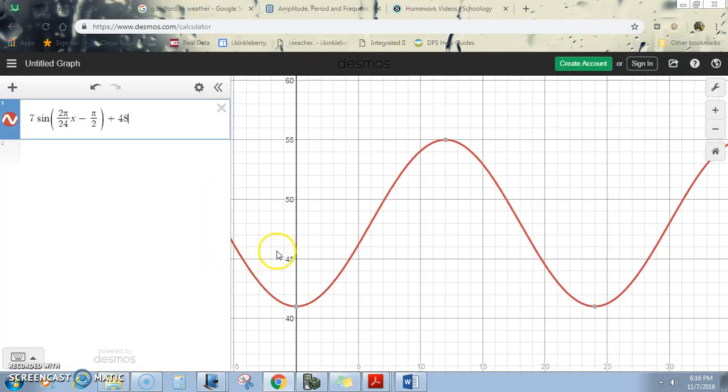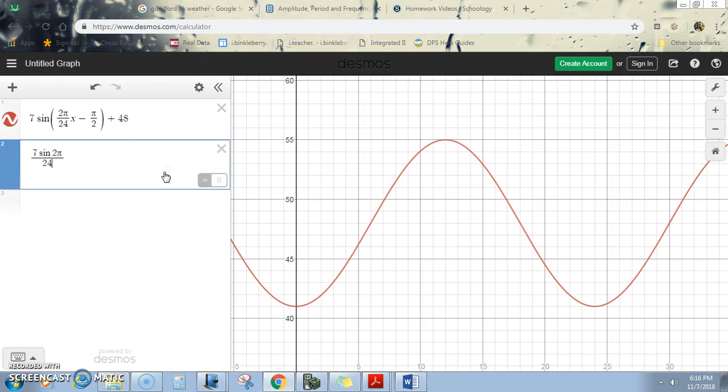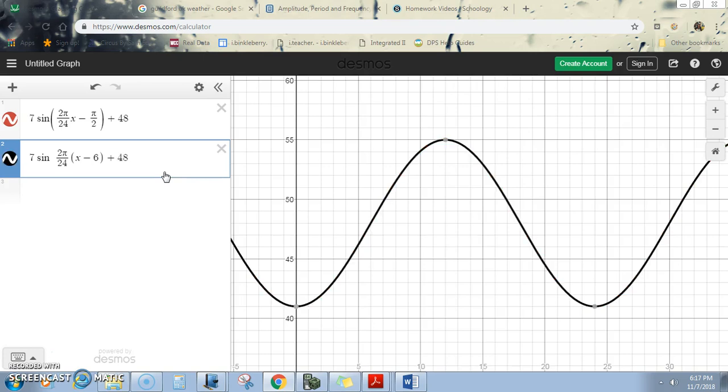Regardless of how you did it, your end result, okay, let's see if it comes out the same. 7 sine, so some of you did this, 2 pi divided by 24 on the outside, whoops. 2 pi divided by 24, oops, stupid Desmos, parenthesis, x minus 6 plus, so this one's going to be black, plus 48, and it's the same curve.